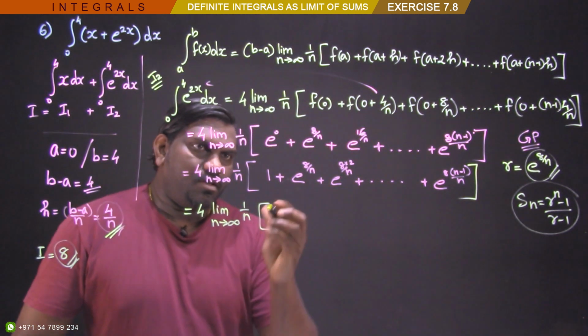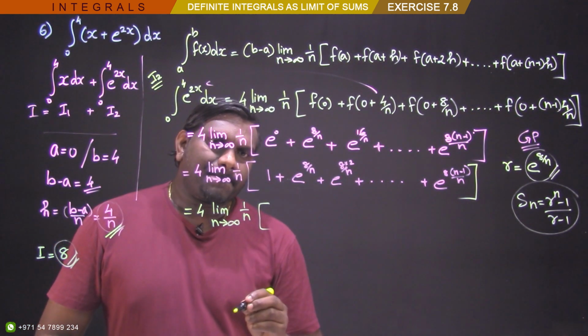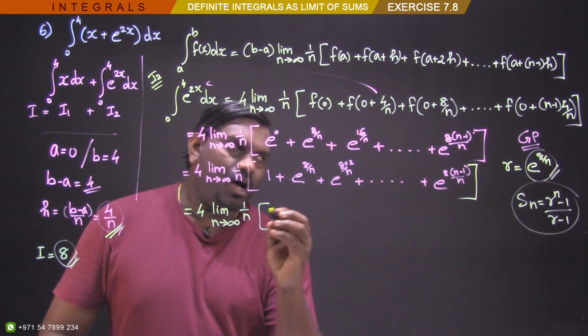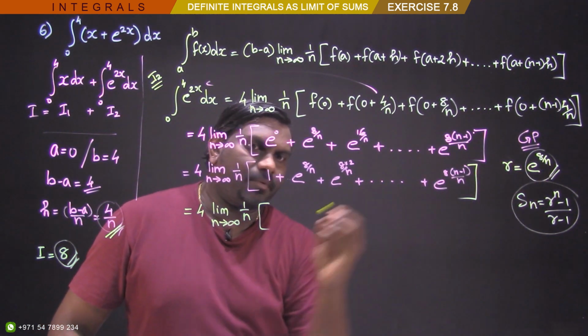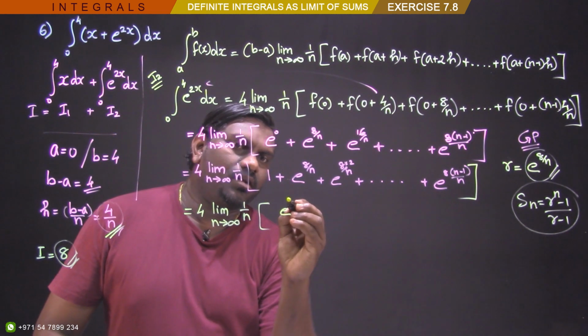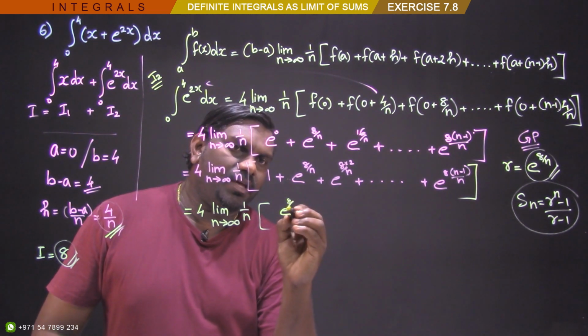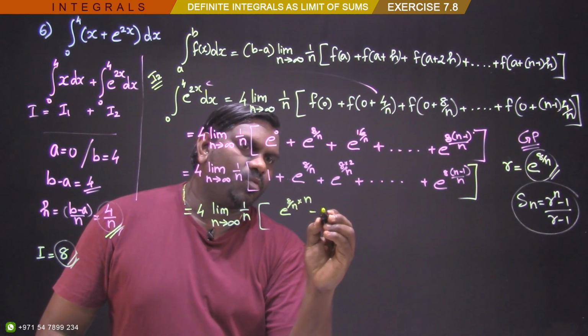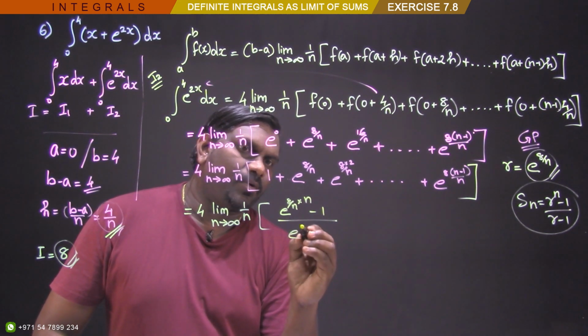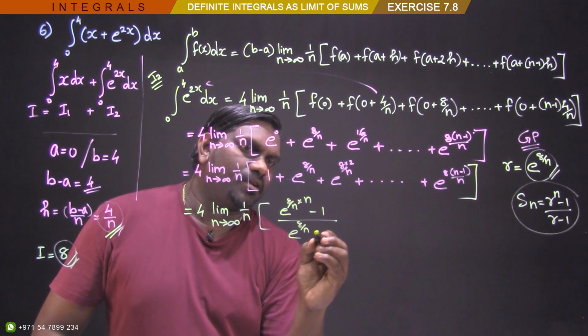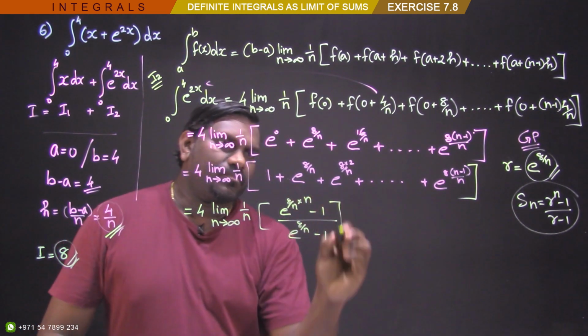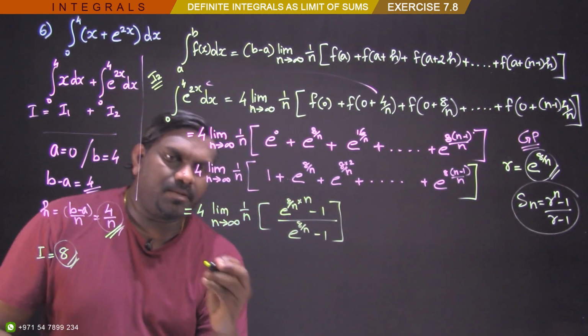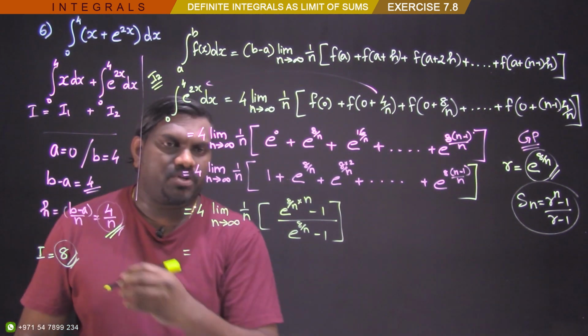Here r is e to the power 8 by n, so we get (e to the power 8 by n into n, minus 1) by (e to the power 8 by n minus 1). It's the same type as in the last question.